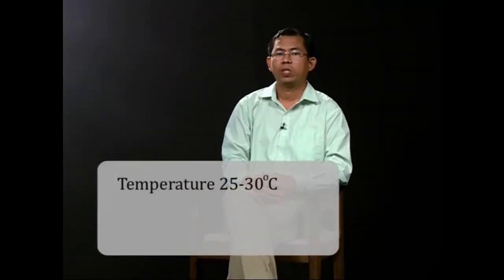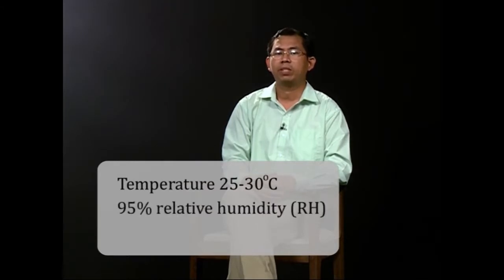Free moisture available in the orchard enhances disease spread. The pathogen remains viable for 14 months on fallen leaves, dead stems and diseased twigs attached to trees. A temperature of 25 to 30 degrees centigrade with 95% relative humidity for 12 hours is conducive for development of the disease.